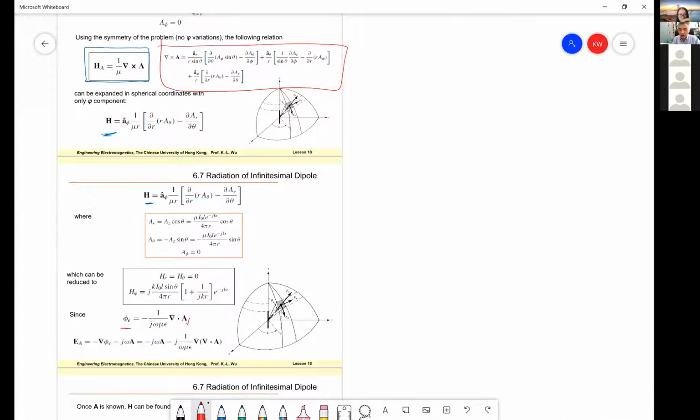We find the scalar electrical potential function. Then we use the scalar potential and the vector potential, and they are related to the electrical field by this. This is always true. This is the first principle. And then we can find the electrical field. This is the assignment I gave last week.